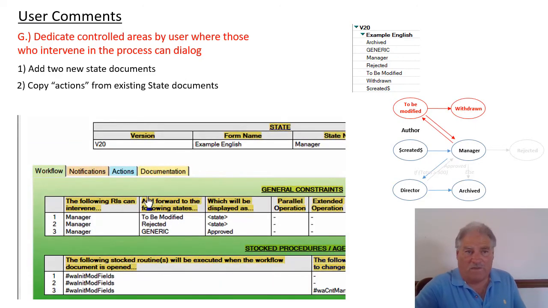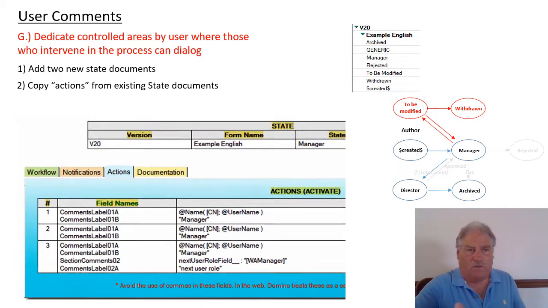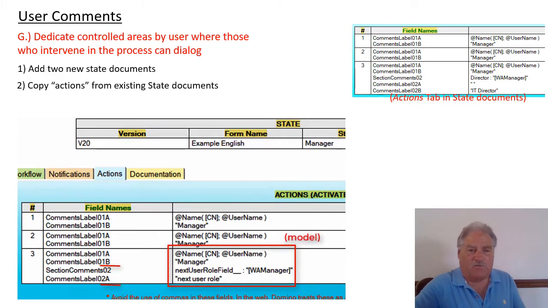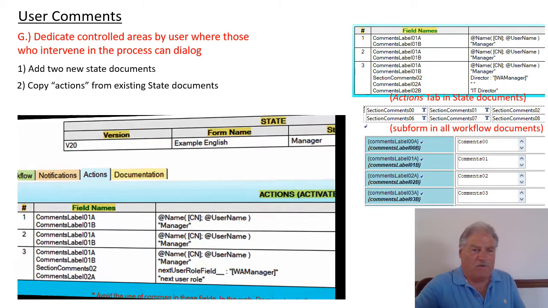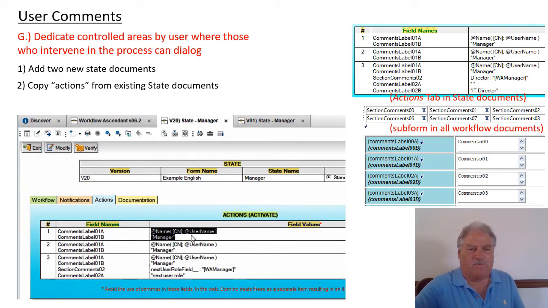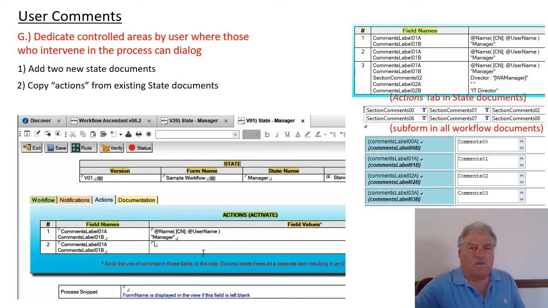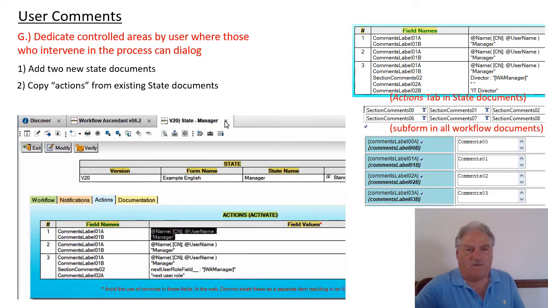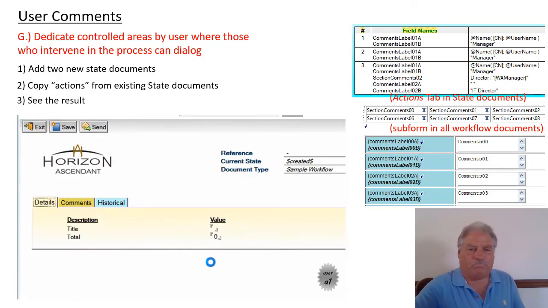Now this is just one example of using actions. This is creating these dedicated controlled areas, and you just follow that pattern. Update the numbers on the left with a slight modification of text on the right. So we'll just finish off copying and pasting these actions, and let's give it a test.